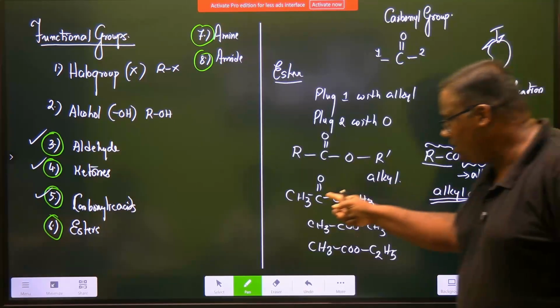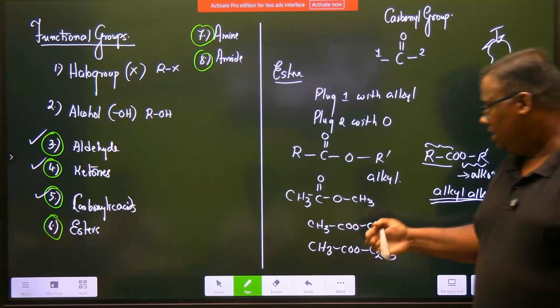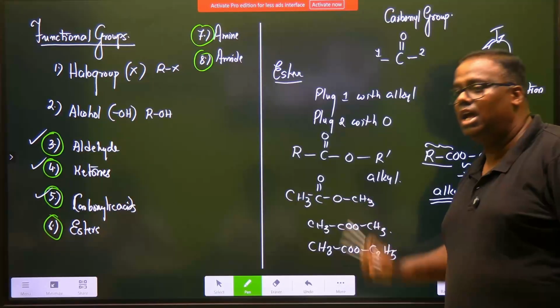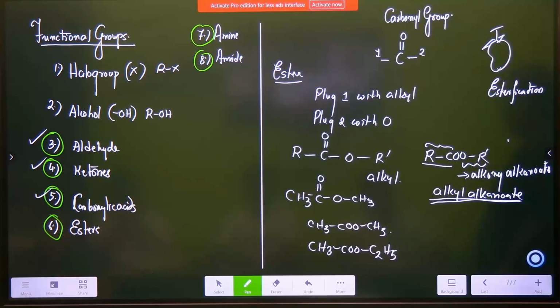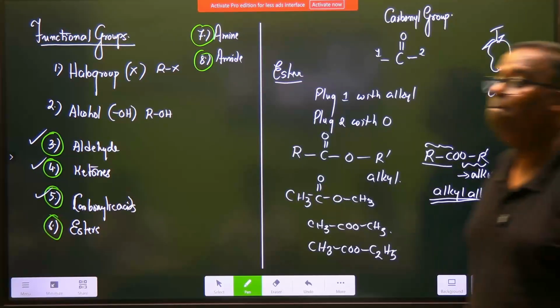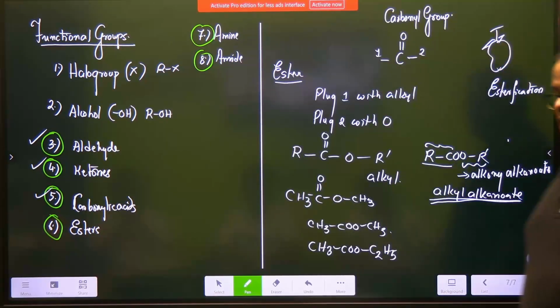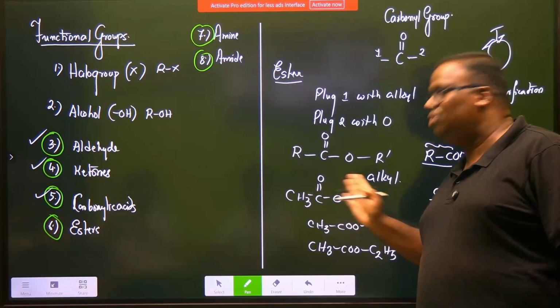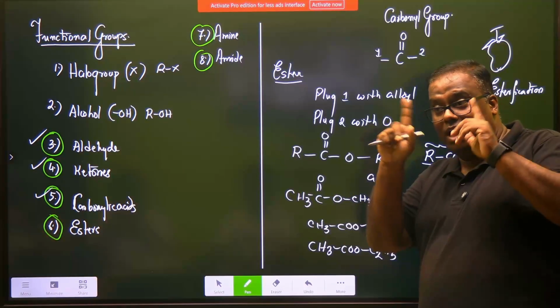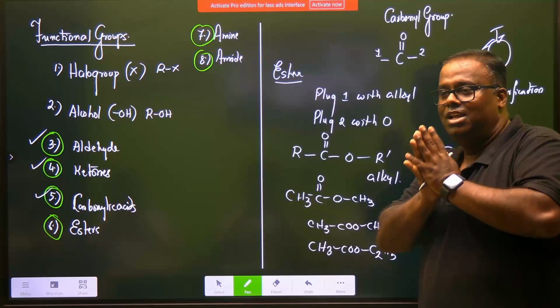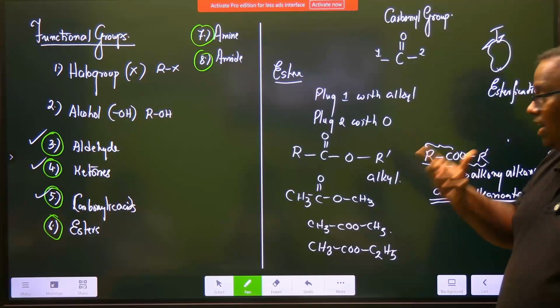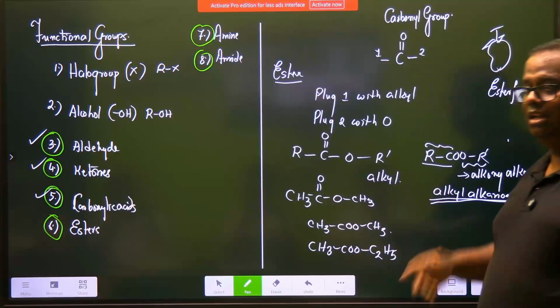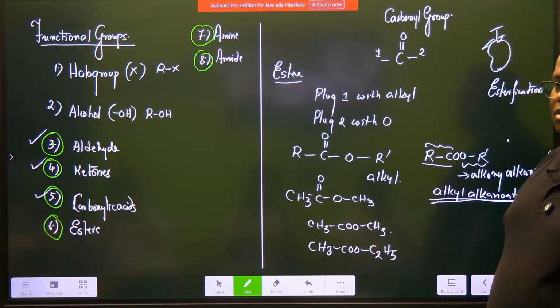So let's look at this example now. With the oxygen, I have a methyl group attached. So in trivial, I'll call it methoxy. In IUPAC, I'll call it methyl. Children get confused which one to call methyl, therefore alkoxy is an easy way to understand. Whatever is attached with oxygen is called alkyl. Who is attached with oxygen? Methyl group.